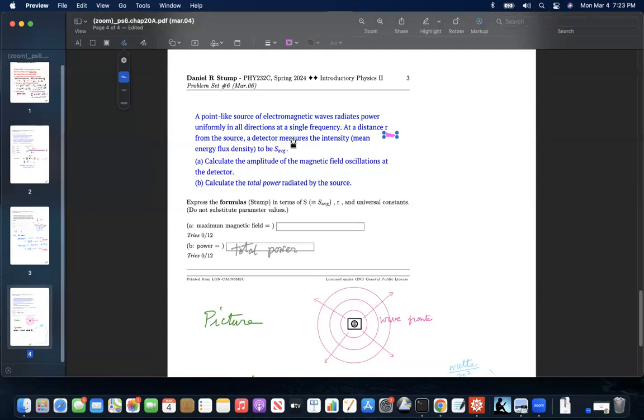A detector will measure intensity. Remember, that's the average energy flux, S average. So there are two quantities given, R and S. This really should be S average.